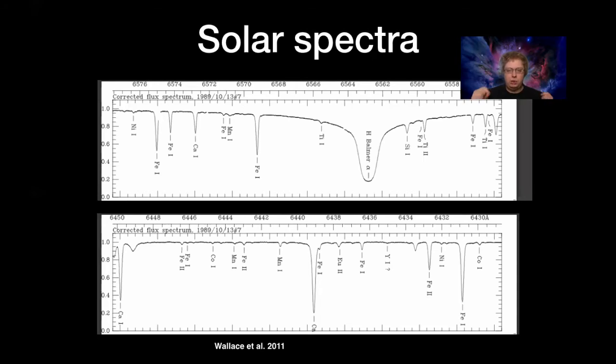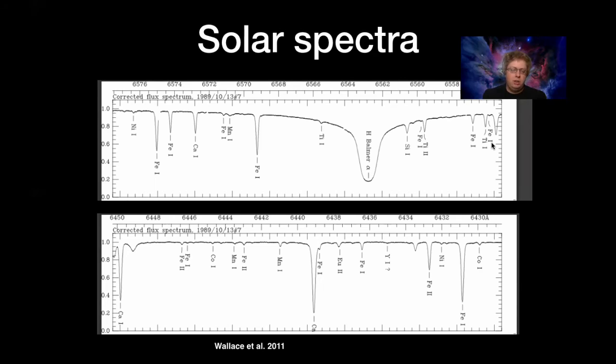Here's just a very small section of the spectrum of the sun. And you can see here that you have a line from nickel, iron, calcium, iron, manganese, iron, titanium, hydrogen, silicon, iron, titanium, iron, etc. Tons and tons of these lines that help us know that all of these elements must be present in the sun.